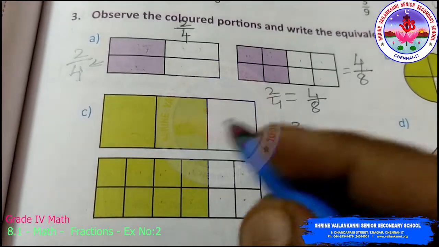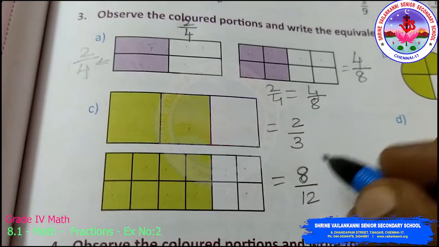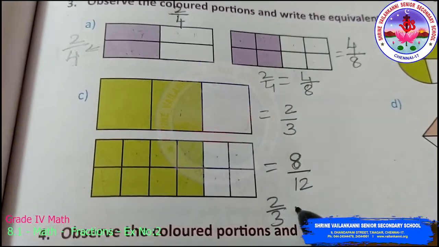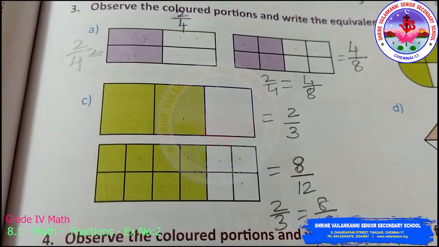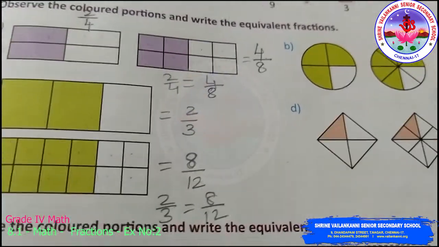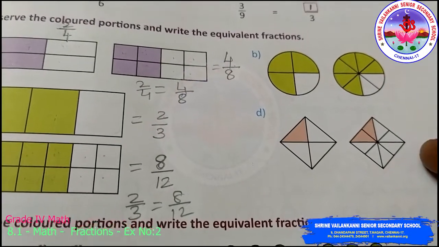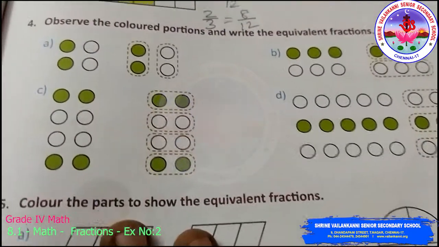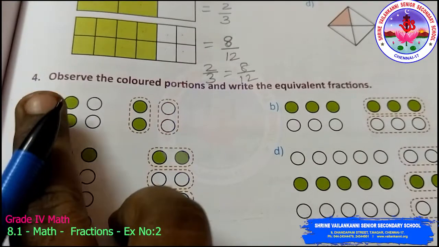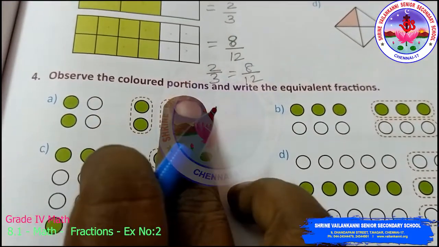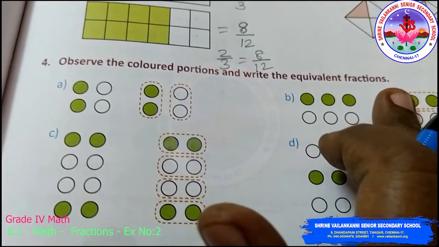So the colored parts are equal, which is 2 by 3 is equal to 8 by 12. Resting the same concept you can do it as a homework.